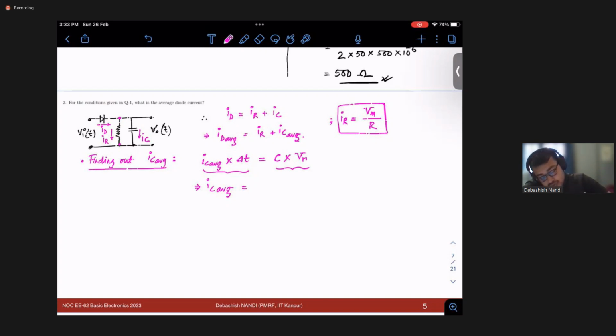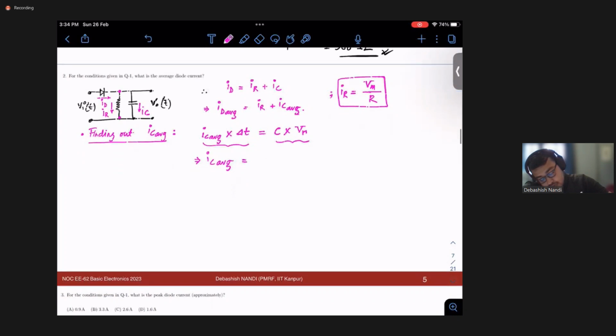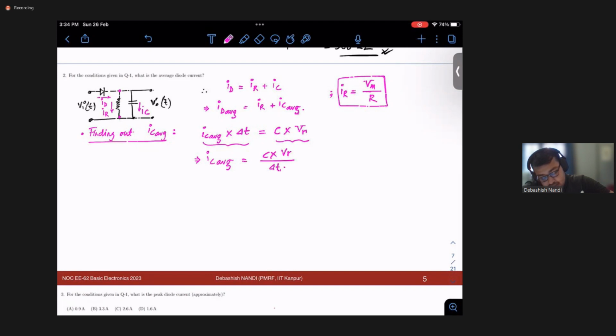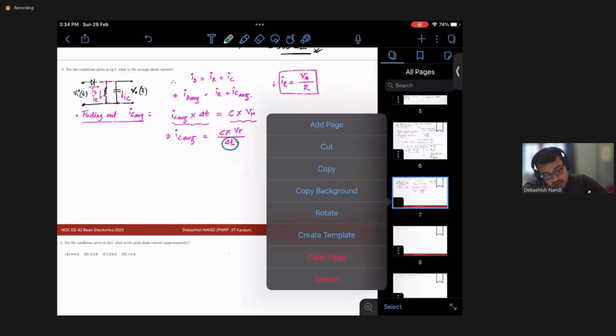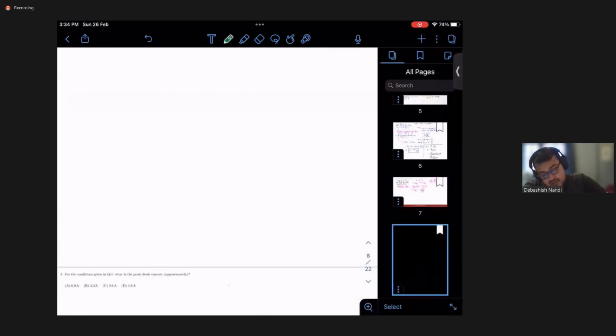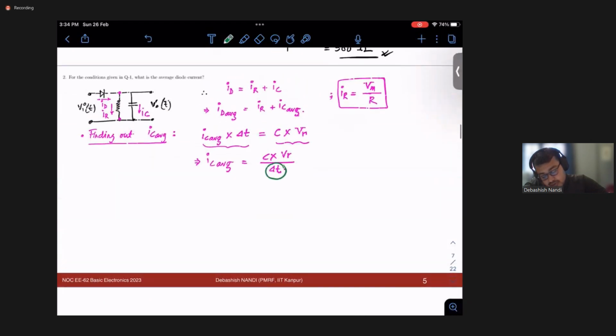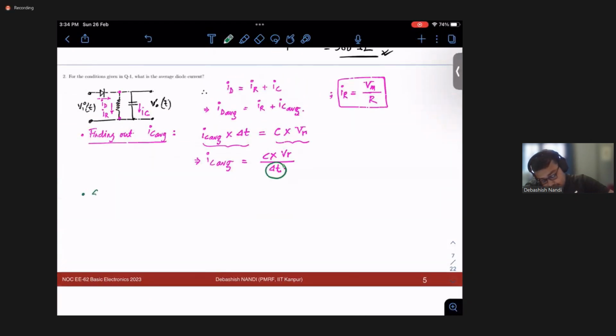Now another bottleneck has arrived. How do we find out delta T?